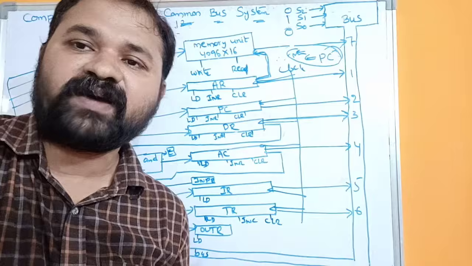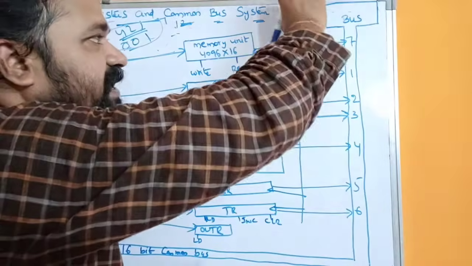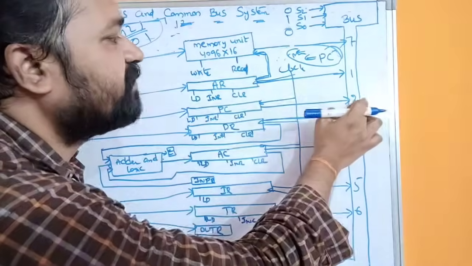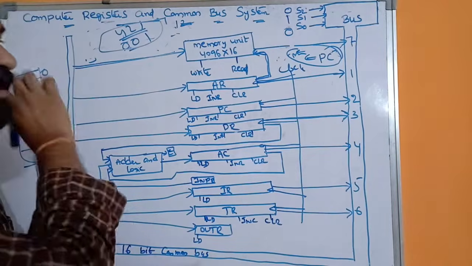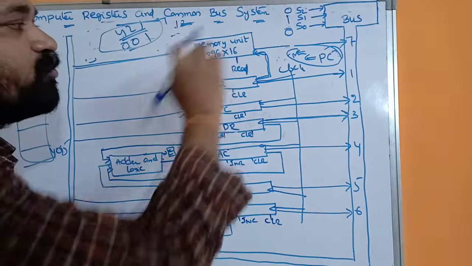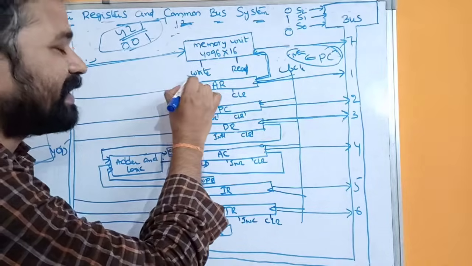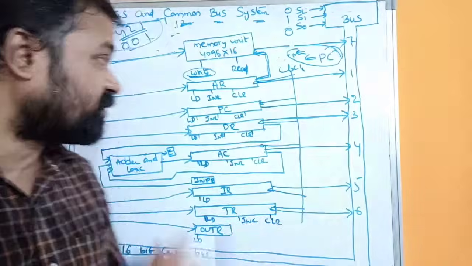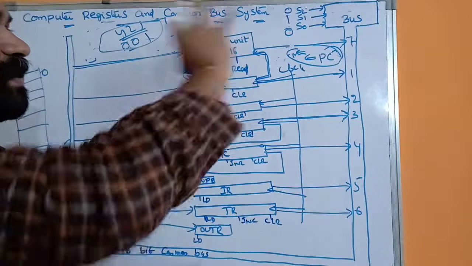Whenever a clock pulse is applied and we enable the selection input 0, 1, 0, then the program counter information will be placed on the bus. Okay. Now the bus contains the program counter information. Now that information has to be transferred to the memory. That is done by enabling the write control input. Whenever the write control input is enabled, that content will be written to the memory unit.